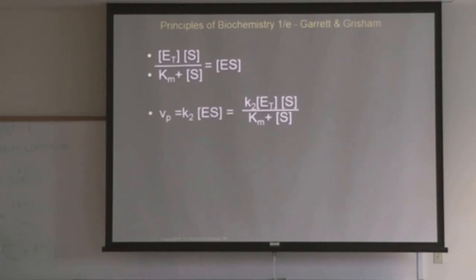I think it may have been the ES multiplied by 1 divided by Km plus S. Yeah. And then it's ET. So I have ES divided by Km plus ES.